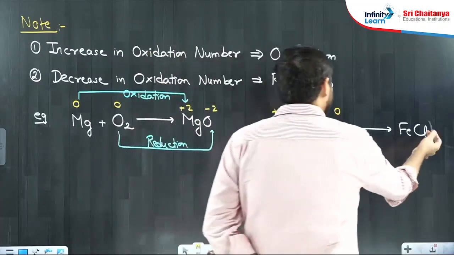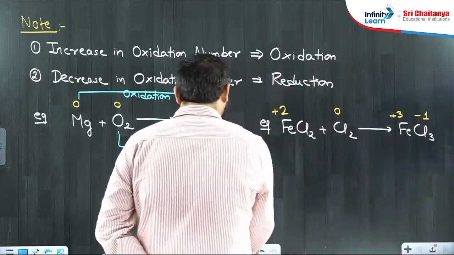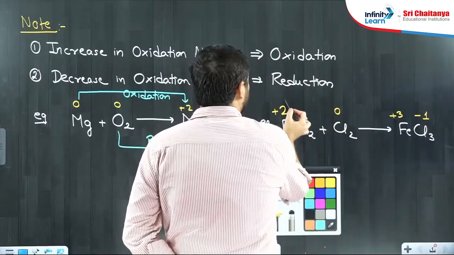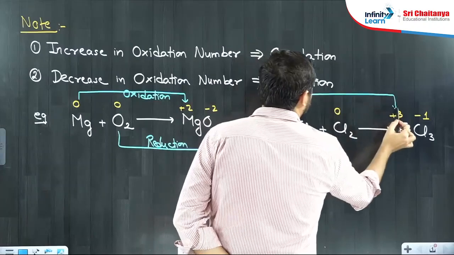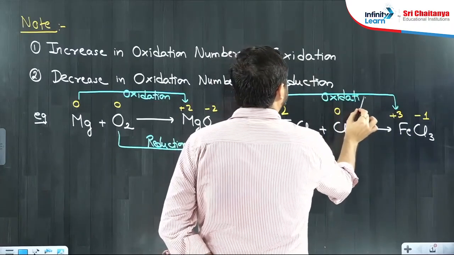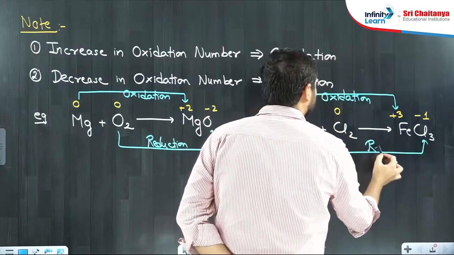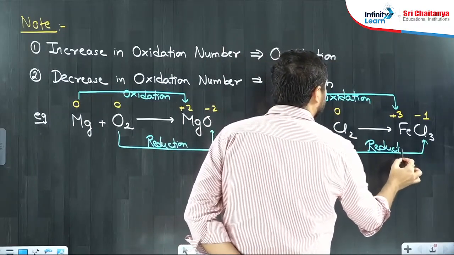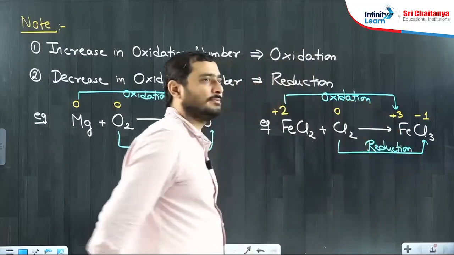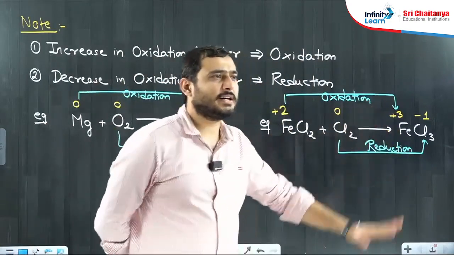Now in FeCl3, iron is plus 3, chloride is minus 1. Now Fe plus 2 to plus 3 is an increase in oxidation number. So which process is this? Oxidation. Now chlorine 0 to minus 1, decrease. So this is reduction. So increase is oxidation, decrease is reduction.